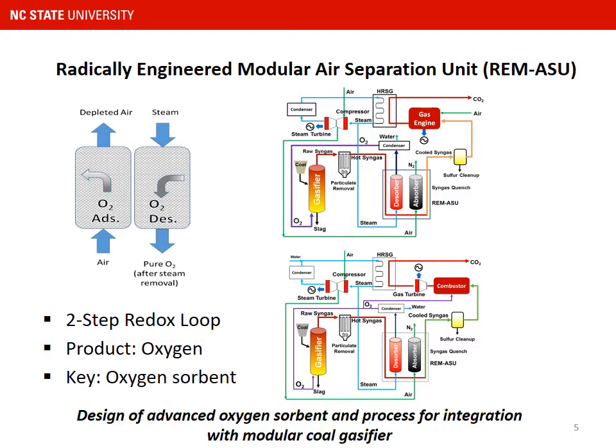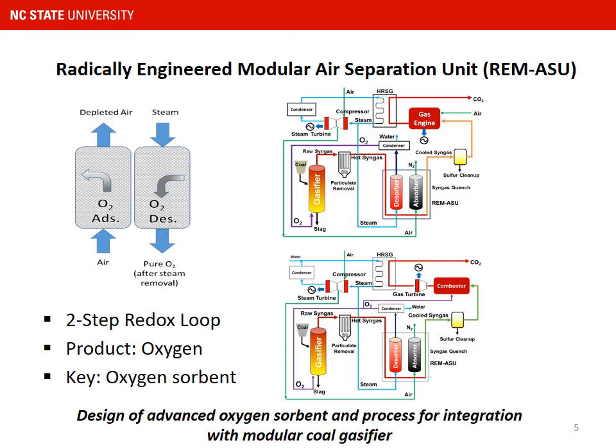So chemical looping ion separation consists of two steps. One is the oxidation step, the other one is the reduction step. Basically, it requires an oxygen sorbent, which can release oxygen when you purge the sorbent with steam. So it can drive the oxygen out from the sorbent and release the oxygen.